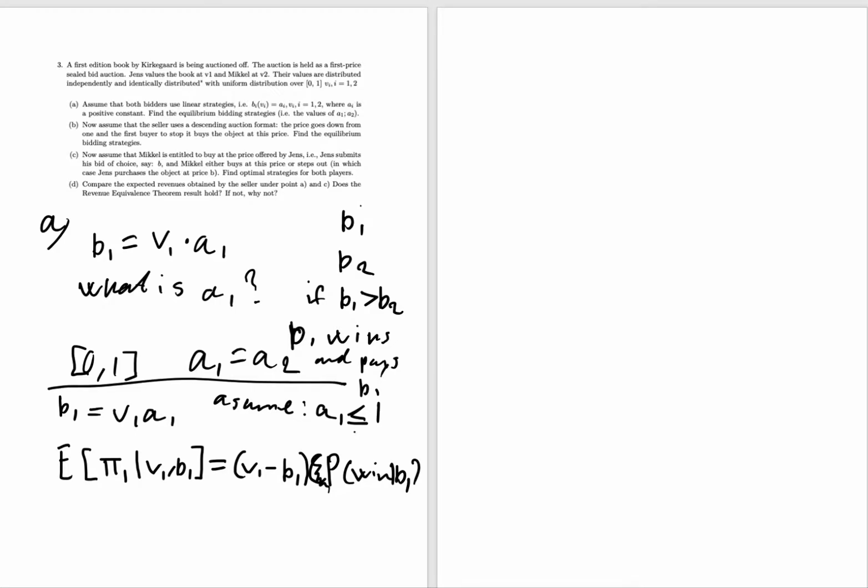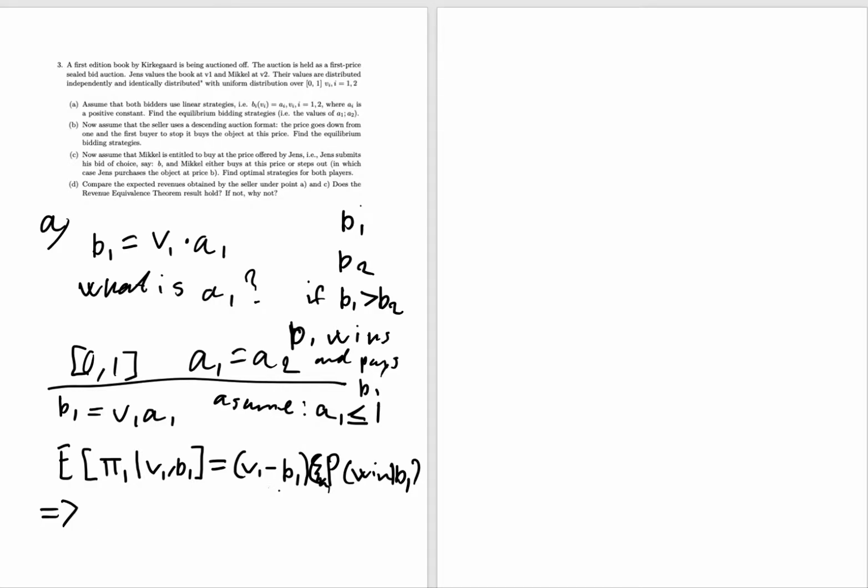He's going to be bidding less. So he's going to take his evaluation, which might be, let's say, a half, and then he's going to shade that a little bit. So he's going to lower it just a little bit in order to try and make a profit in case he wins. All right. So now back to this.